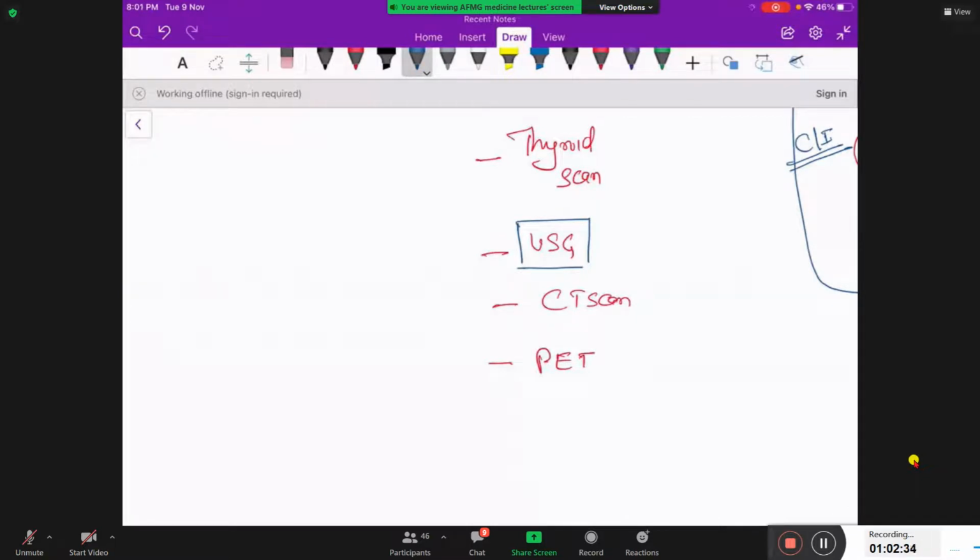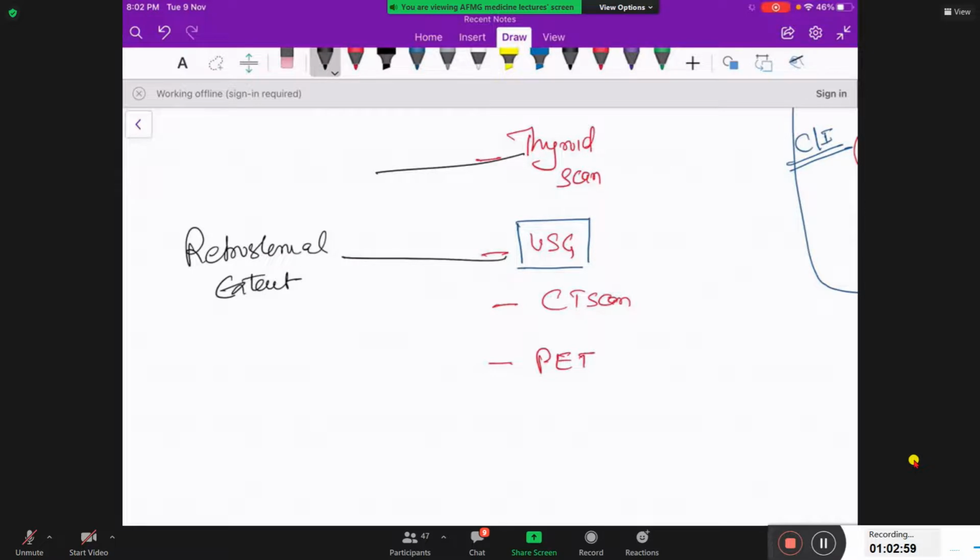What is that? That is the retrosternal extent of thyroid. If a gland is going retrosternally, ultrasound will not be able to tell us.